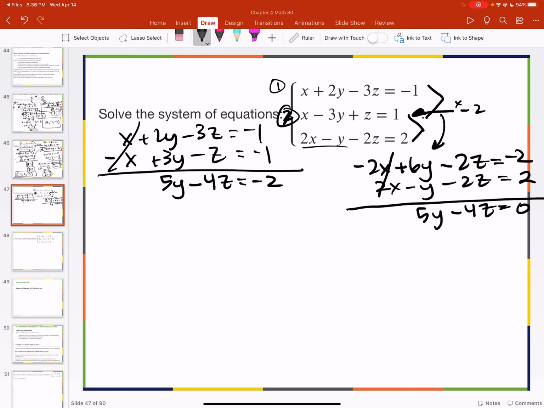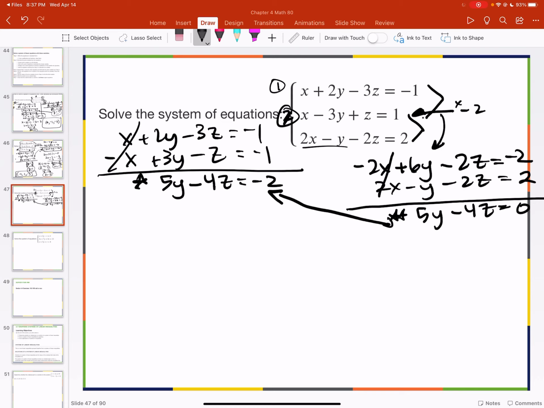So you see I have two things here. Oh, this is interesting. This looks exactly the same, except that it's going to have a different value. So it looks like we're going to have no solution here. Let's show why. This will be star and this will be star star.